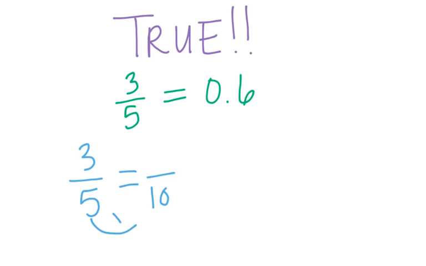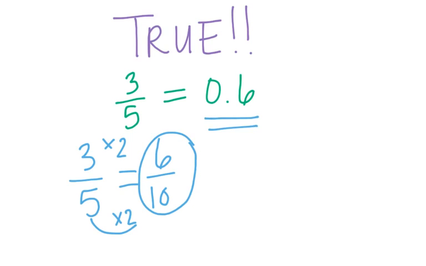So 5 times 2 is 10. So 3 times 2 is 6. And now this fraction right here, what does it say? 6/10. And this right here has the 6 written in the tenths spot, so it is also 6/10. So 3/5 and 6/10 are equivalent.